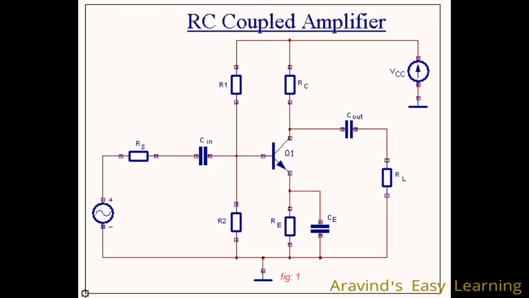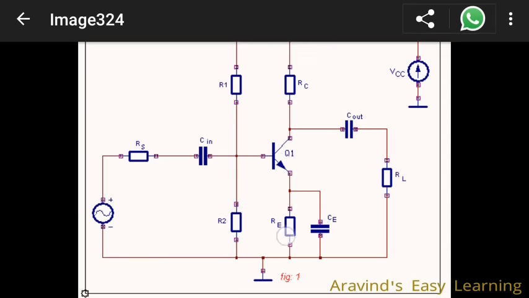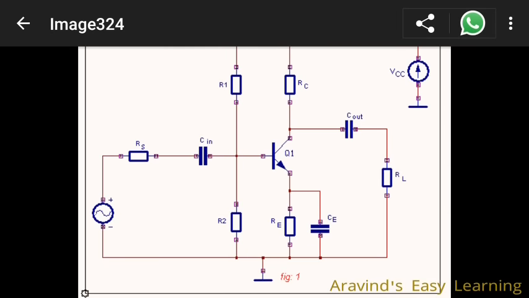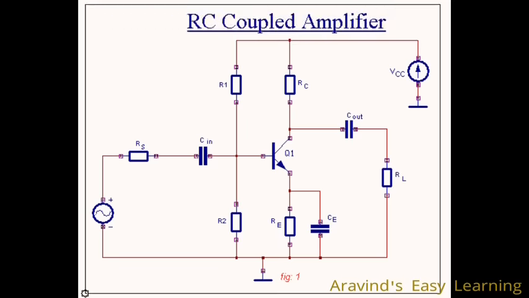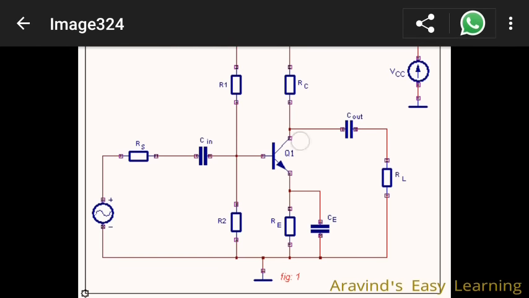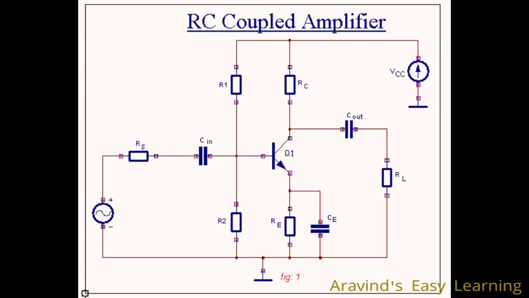I'll repeat again. At high frequencies, these two resistors will come in parallel with these two resistors in the next stage, and this shunting effect, coming from one stage's resistors in parallel with another stage's, actually reduces the gain.